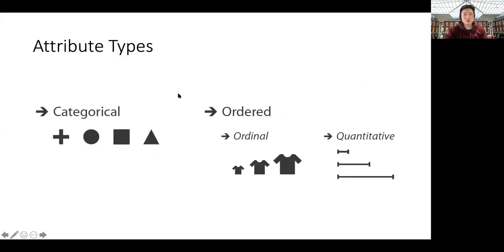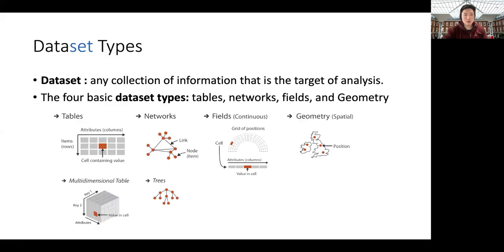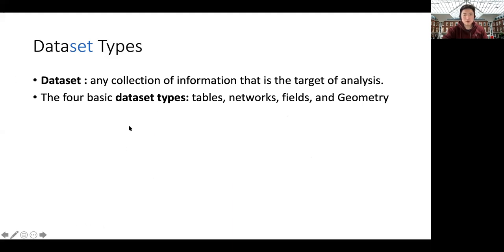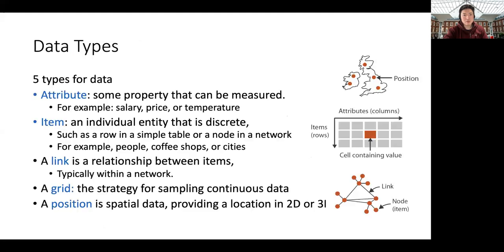Okay, and finally, we're going to introduce something called attribute types. If you're not completely confused already, attribute itself is one of the data types. So if you remember, when we talked about different data types, we had attributes as the first one.